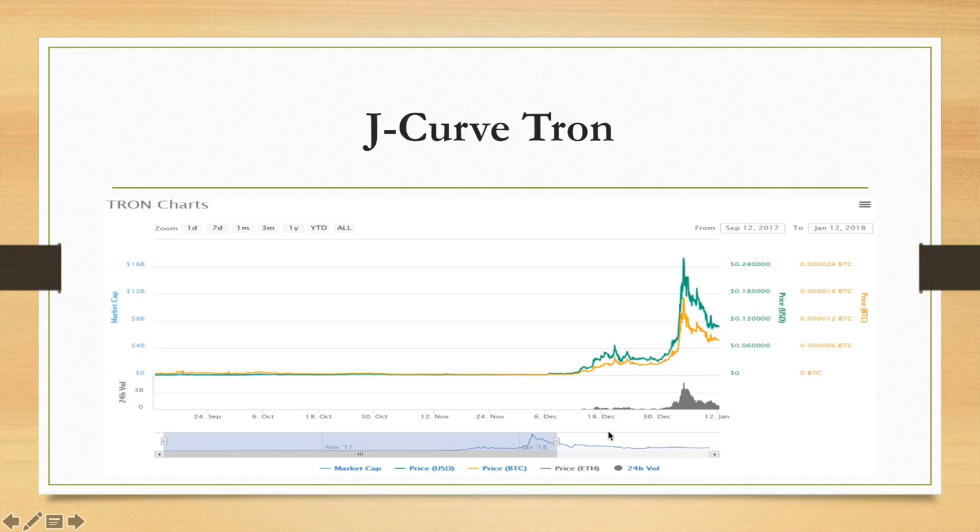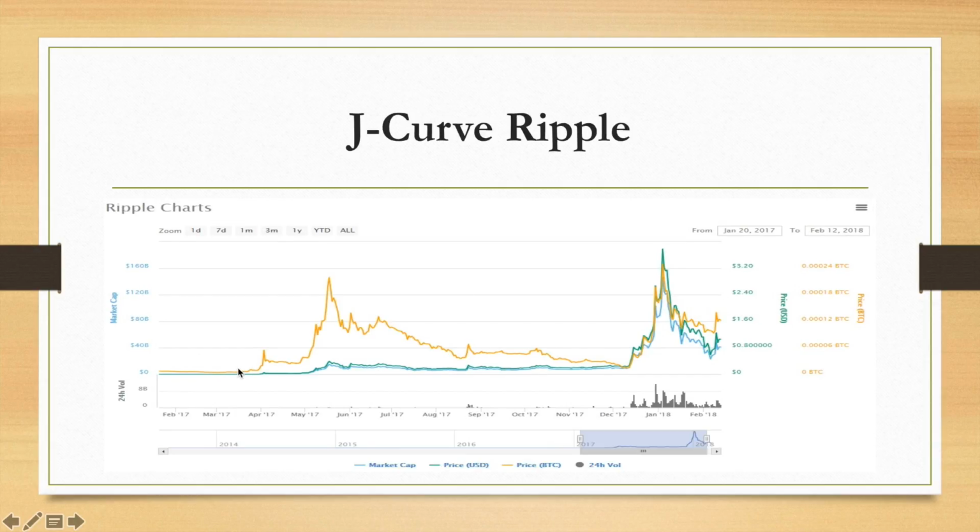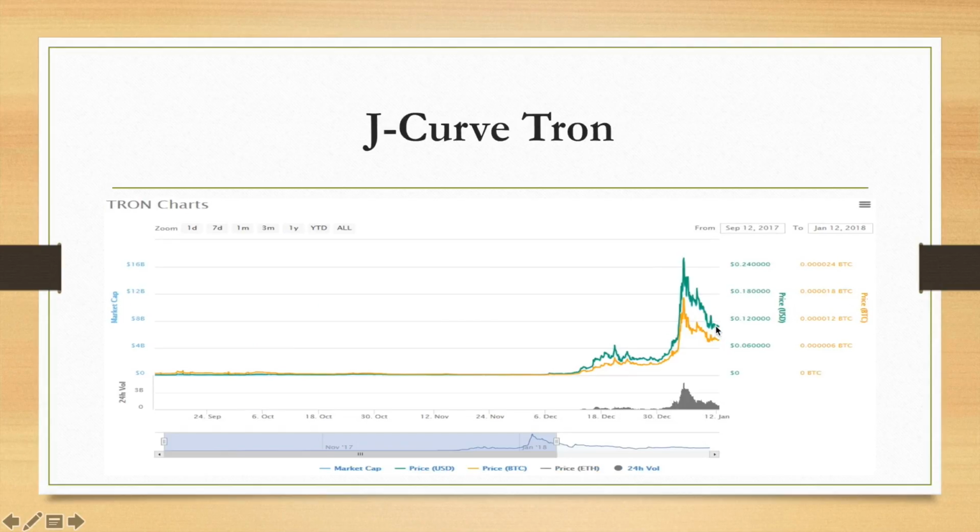If you look at this J curve back in March, it does the same exact thing: hops up, J curves, and we have a massive drop. Same thing here, J curve, massive drop. Usually after every J curve, everyone gets out around the top. It's really your tip of the iceberg. You hit there, you get out, and then you see a decline for a little while until we have a price correction and we have a new floor.